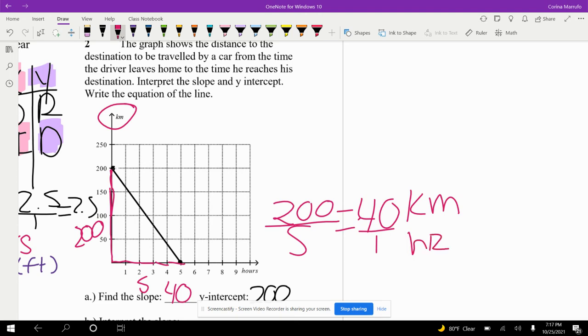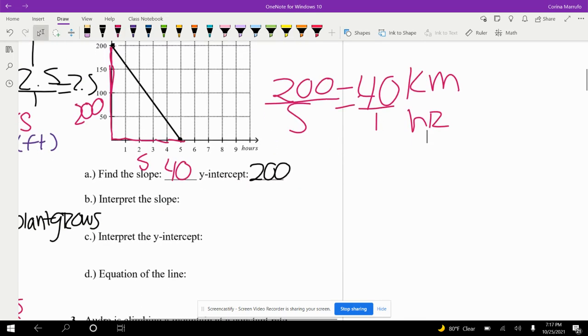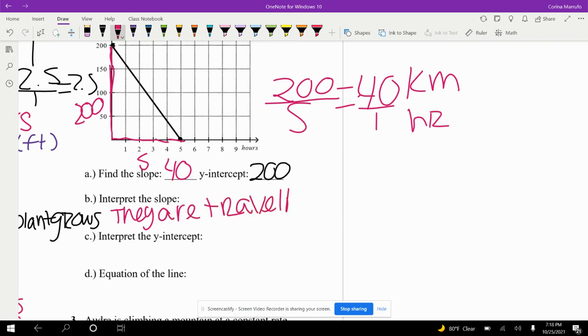Just to read the problem again, it says a destination is to be traveled by car from the time the driver leaves home to the time he reaches his destination. Interpret the slope. So for the slope, this means that they are traveling 40 kilometers per hour.